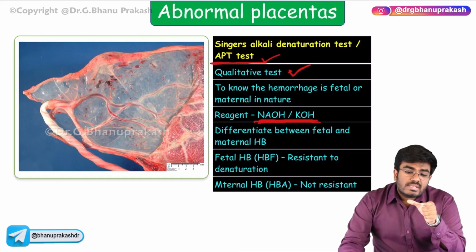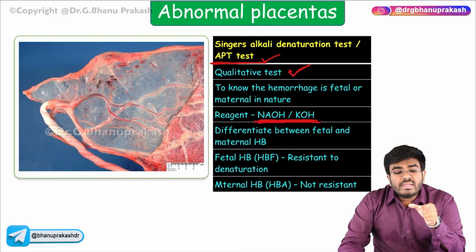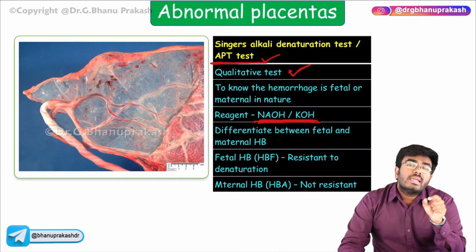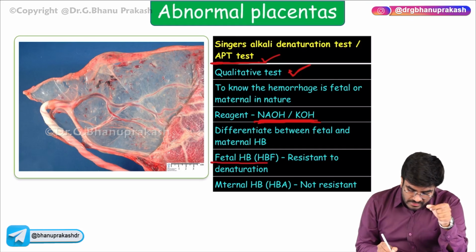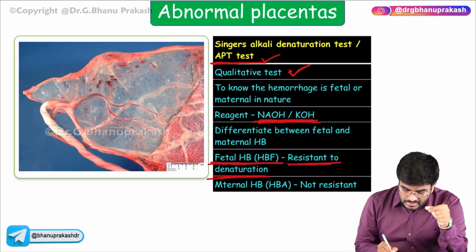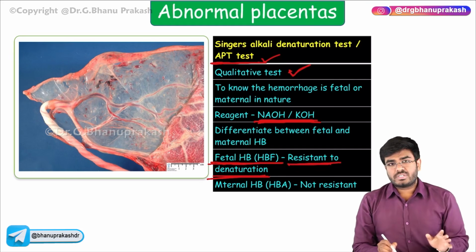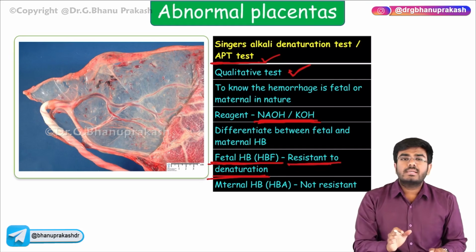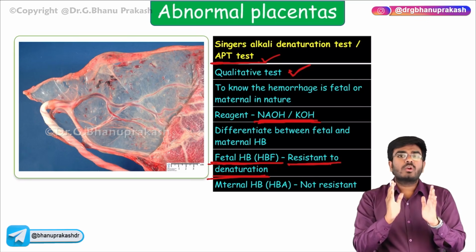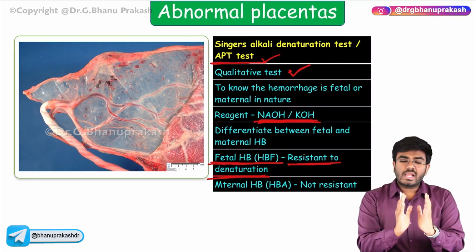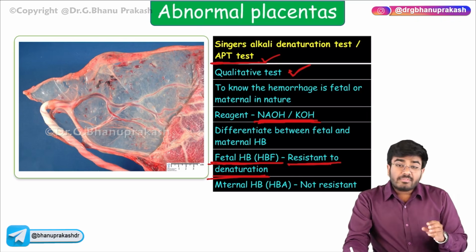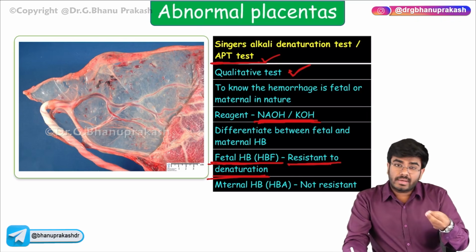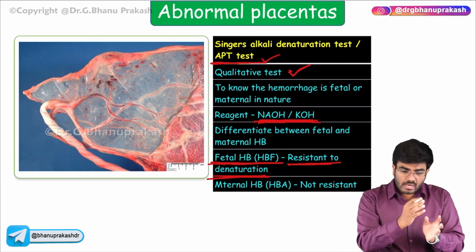Why? Because fetal RBCs have hemoglobin F, which is resistant to alkali denaturation or acid denaturation. You put alkali or you put acid, hemoglobin F is not going to be denatured. So the color of the blood is not going to change. But if it is maternal blood, imagine there is placenta previa and she is bleeding.